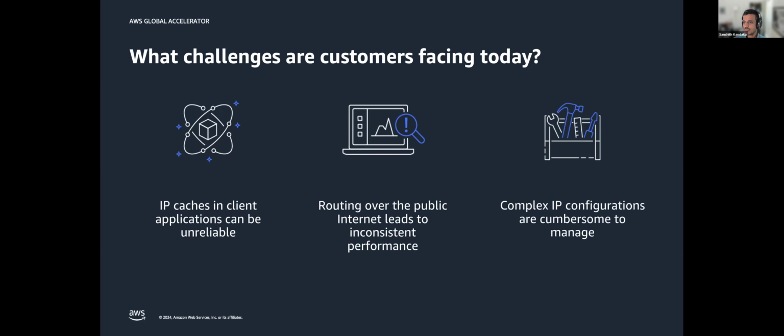If you have to maintain multiple IP addresses to route applications and how end users connect to it, like in a global load balancing, you don't want to be in the business of managing all these IP configurations to route end users to the appropriate application endpoints and geographies closest to them.